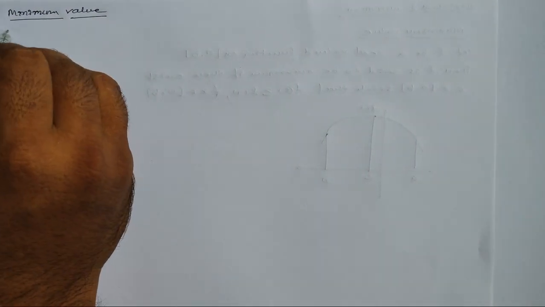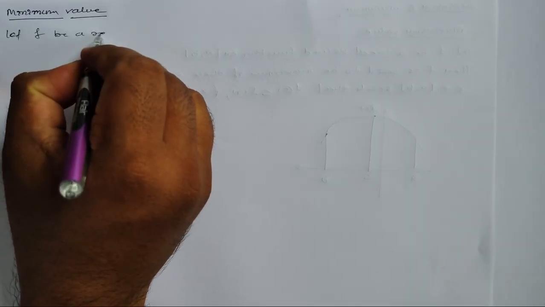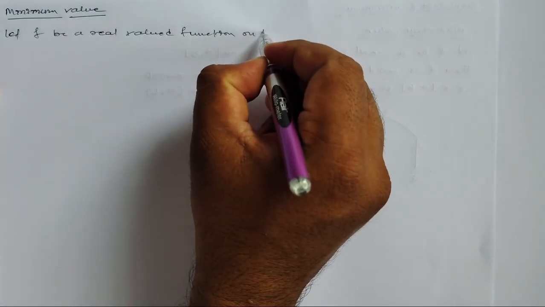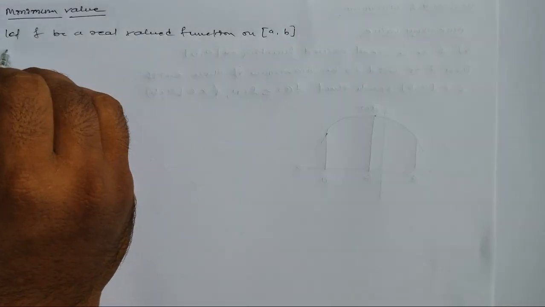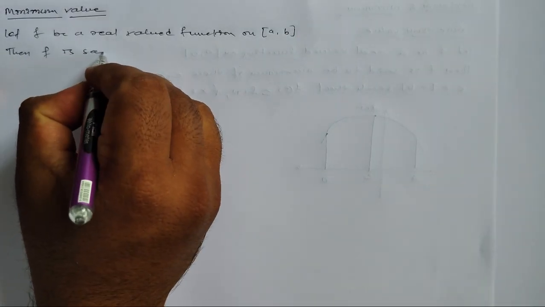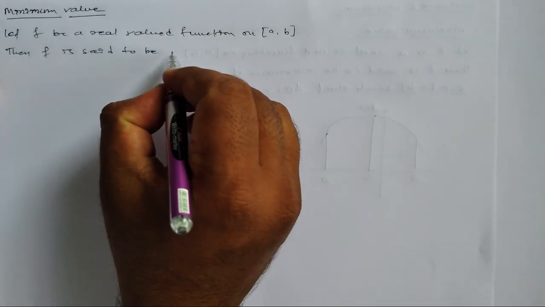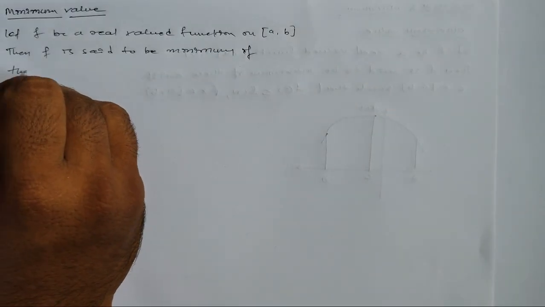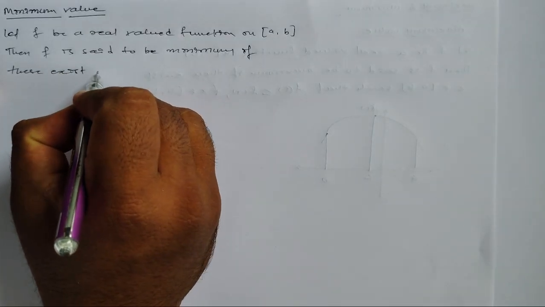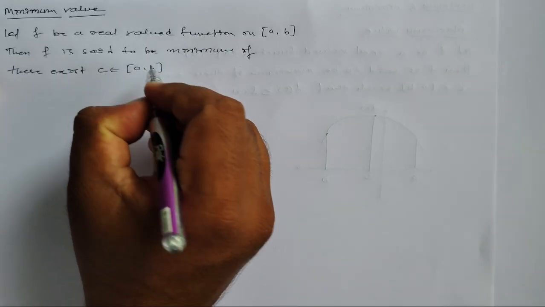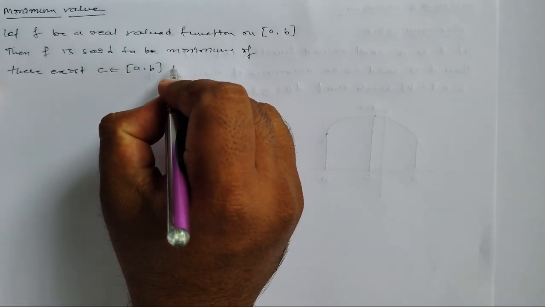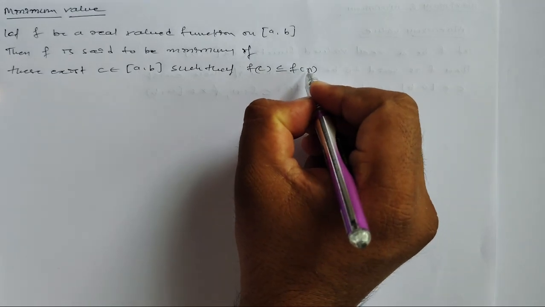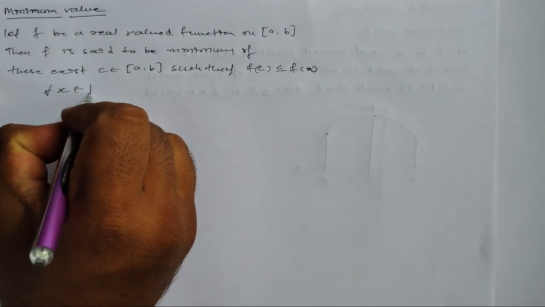Minimum value. Let f be a real valued function on the interval [a, b], then f is said to be minimum if there exists c belongs to [a, b] such that f of c is less than or equal to f of x for all x belongs to [a, b].